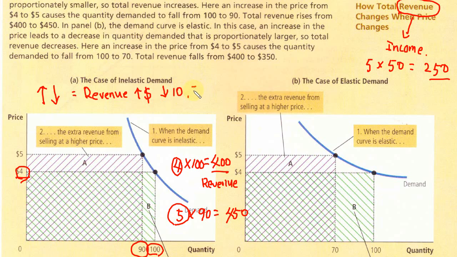Then the $1 increase can cover the 10 quantity decrease. So the total was 550 revenue.